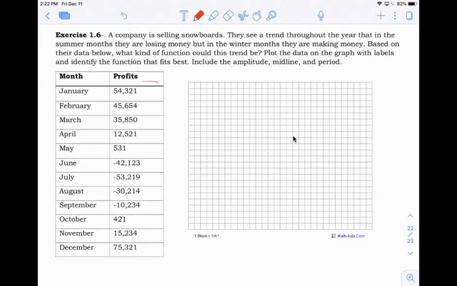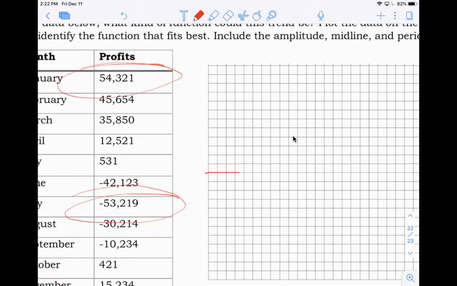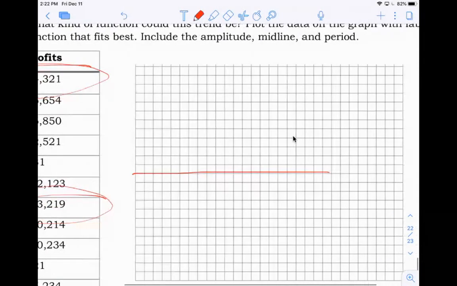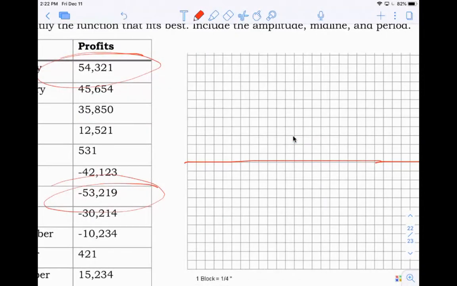It looks like top 54,000, 75,000, bottom 53,000. Okay, so let's maybe do, here's the middle. Let's go up by like 10,000s. And then we got our 12 months, right? So 0, 1, 2, 3, 4, 5, 6, 7, 8, 9, 10, 11, 12 months.